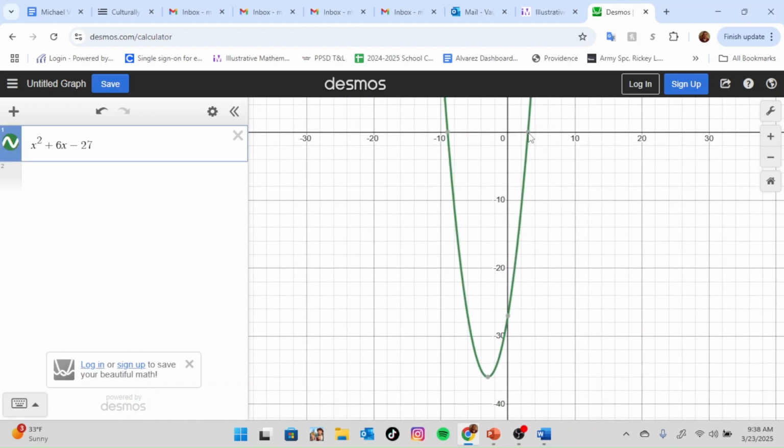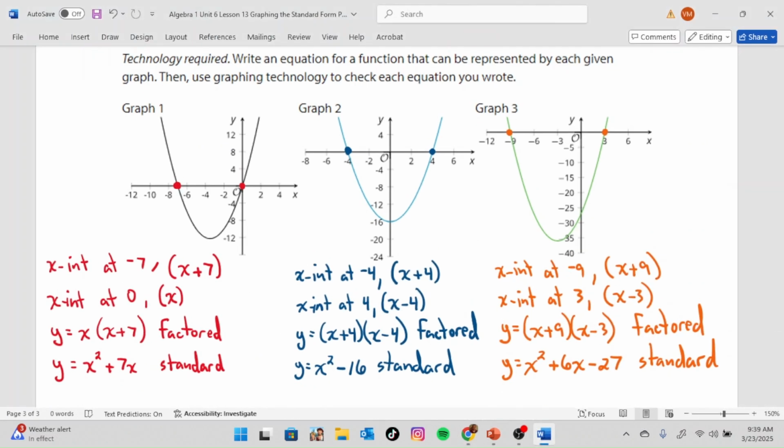What we see is an intercept at 3, negative 9, and a vertex at negative 3, negative 36.